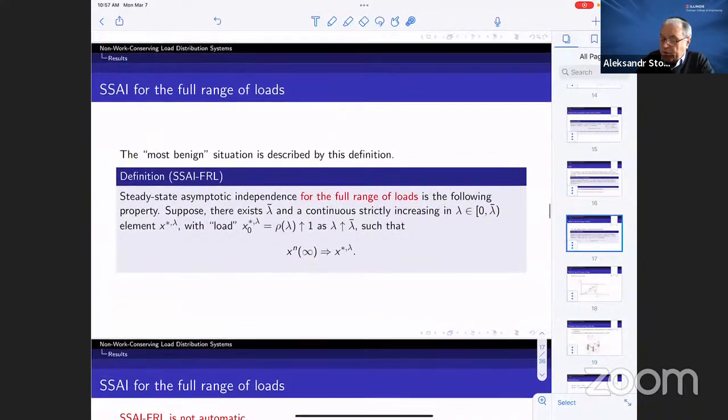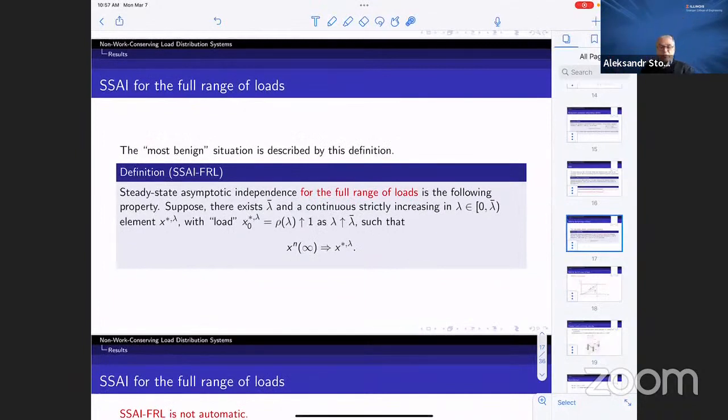Okay, so the most natural, most benign situation you can imagine is that you have the Ansatz for the full range of loads, which means the following. There is some upper bound lambda bar, such that for any lambda up to that boundary, you have the Ansatz with some proper element x star, which depends on lambda.